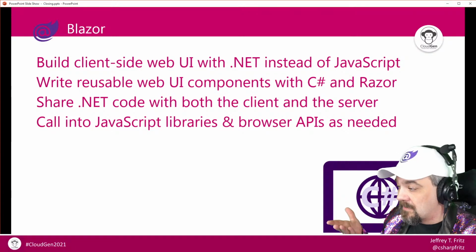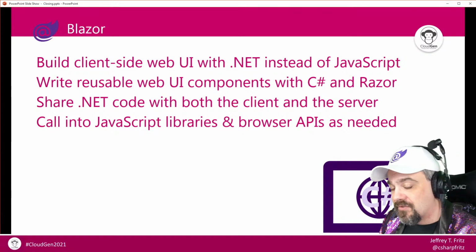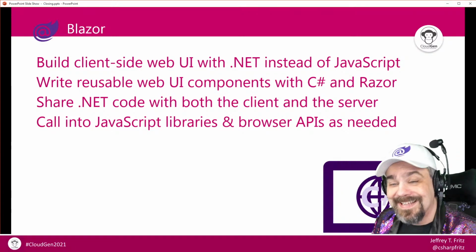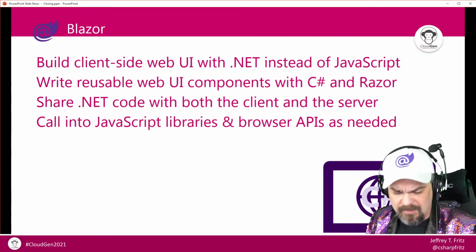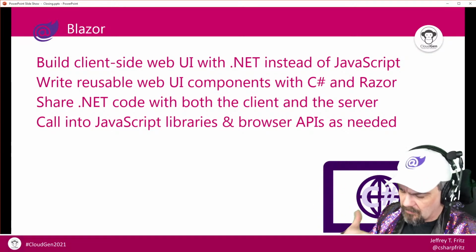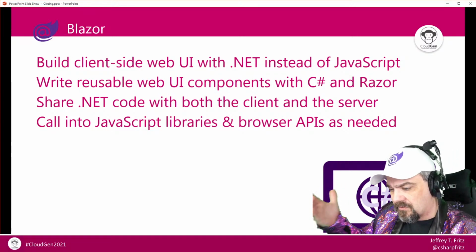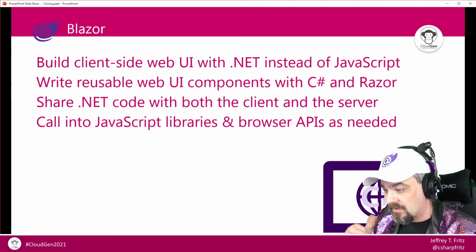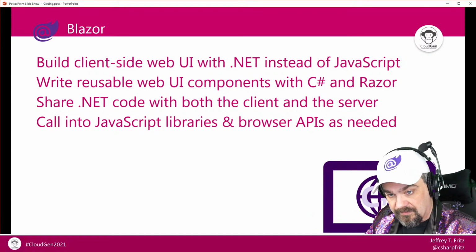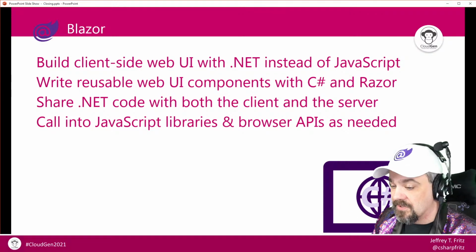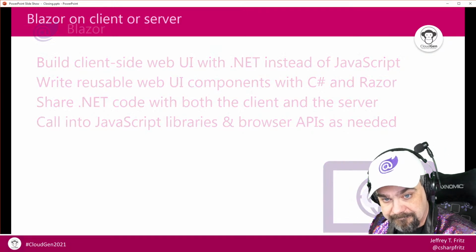And because WebAssembly provides it, we can call into JavaScript libraries and browser APIs as needed. All right, now we're talking. Now we don't have to throw the baby out with the bathwater here. We can use a little bit of JavaScript with our Blazor application so that we cross the boundaries and use a little bit of both as we go and migrate applications to use Blazor.